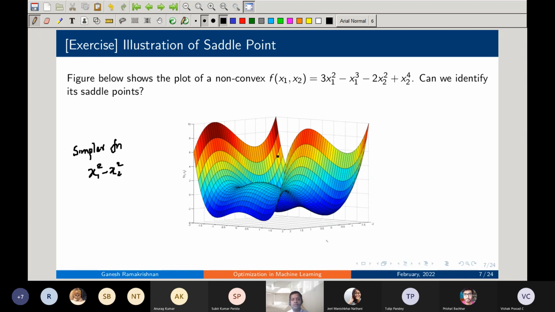So if you look at this curve, this is a horse saddle here, and what do you observe here? A local max along this curve.